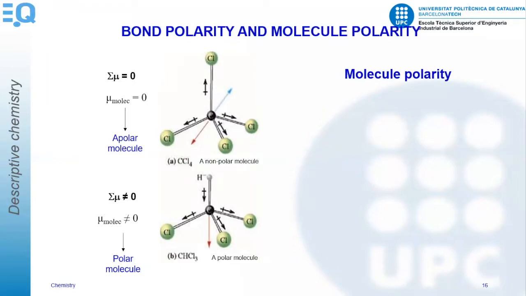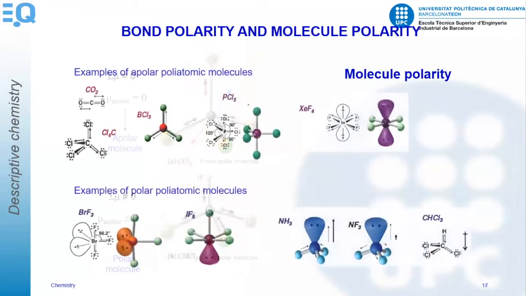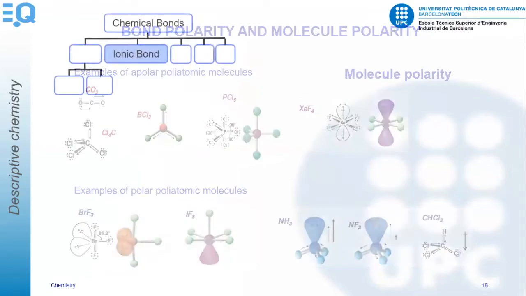On the second example in this same slide, we have CHCl3. That means the hydrogen is pulling less than the chloride, and therefore the polarity is different to 0. Here we can see some apolar or non-polar polyatomic molecules, but also polar polyatomic molecules. Just have a look at them.